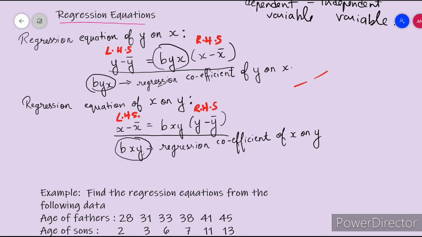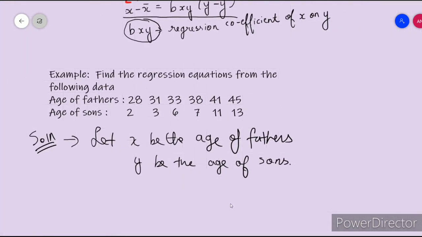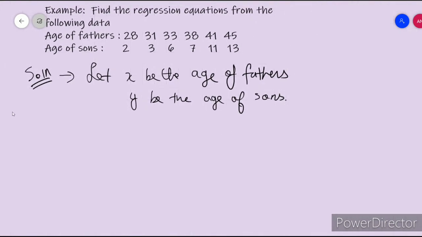So that is our interest right now, which means these are integral or important in framing the regression equation. So now let us find the regression coefficients.